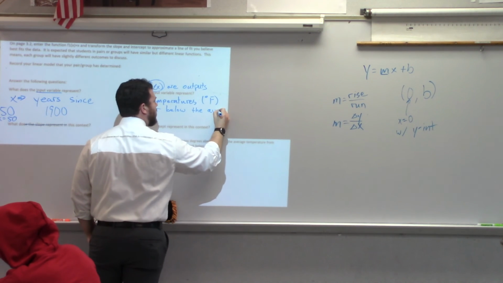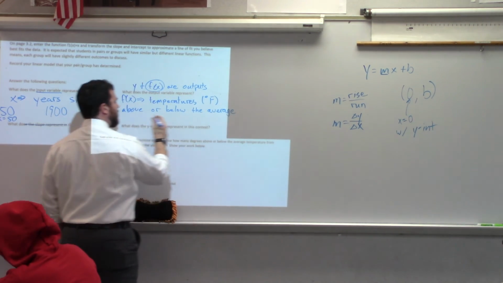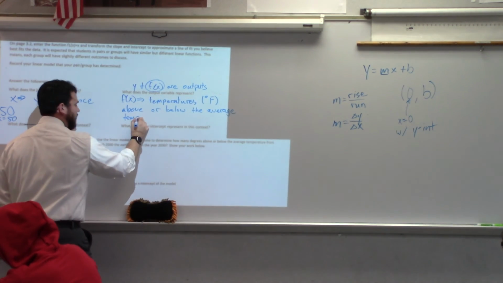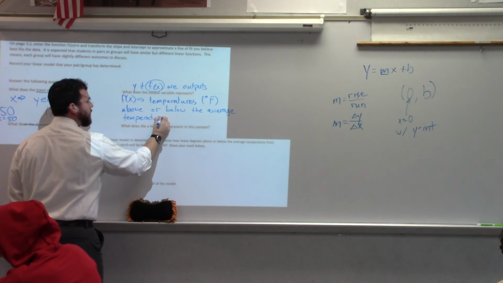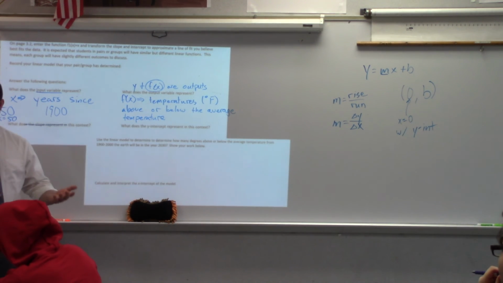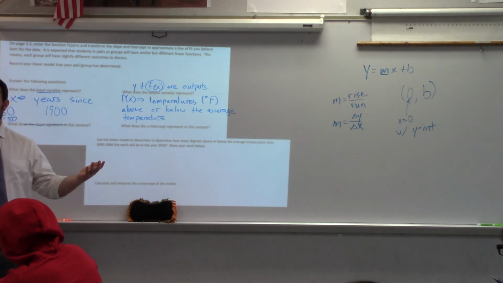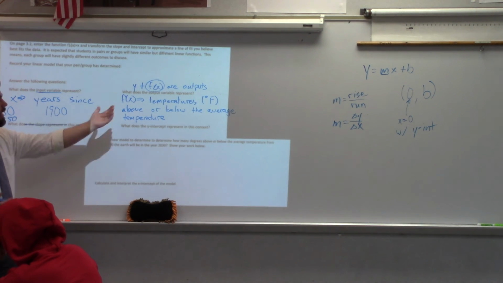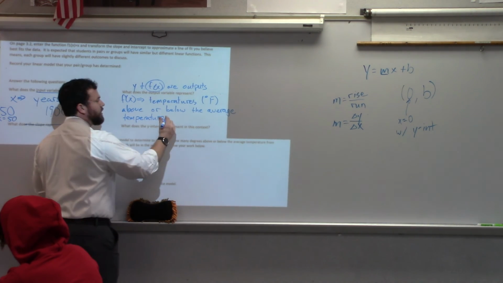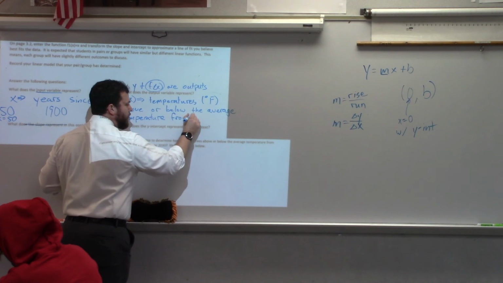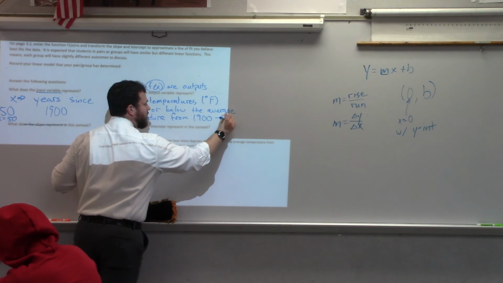Okay, we need a little bit more detail than that though. From 1900 to 2000. Right, because is the average temperature from 1900 to 2000 the same as 2000 to 2100? No. Is that going to be the same as 700 AD to 800 AD? No. So we need to be clear: above or below the average temperature from 1900 to 2000.